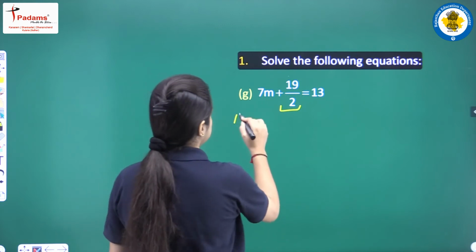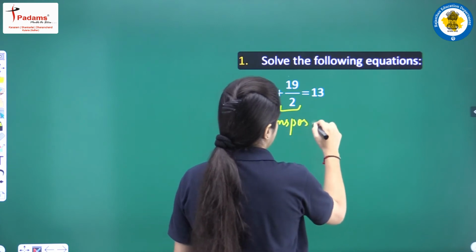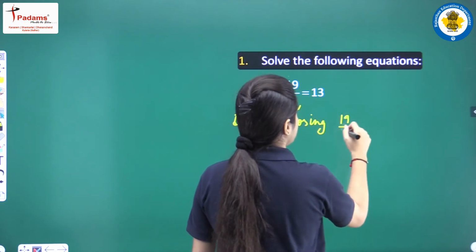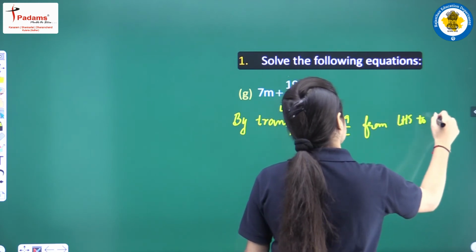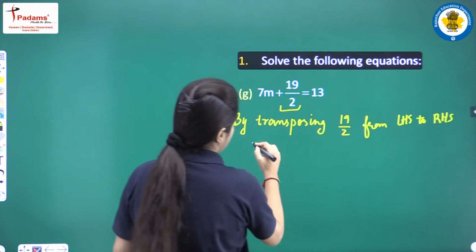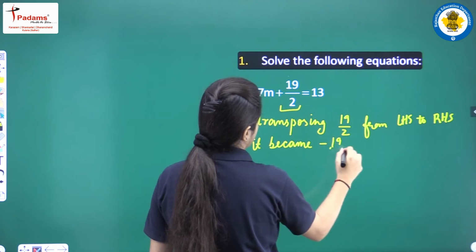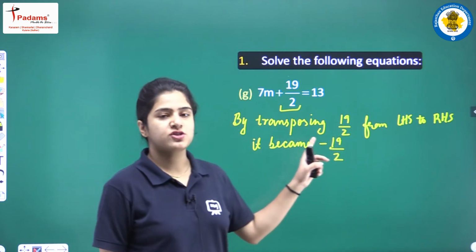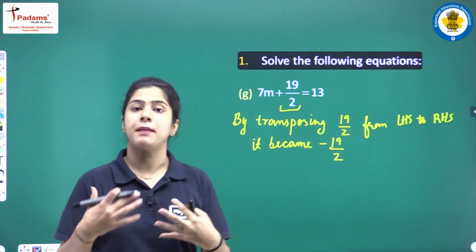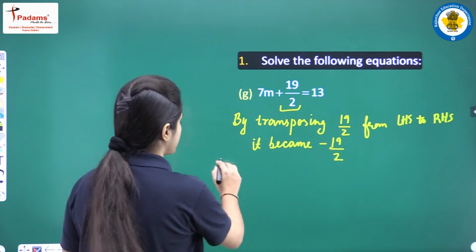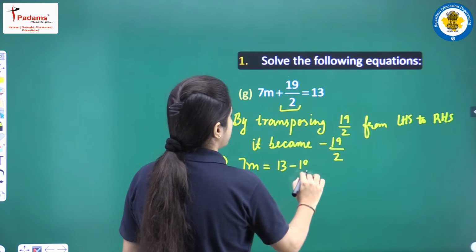Okay, so by transposing 19 upon 2 from LHS to RHS, it became minus 19 upon 2. Okay, if we transpose this 19 upon 2 from the left hand side to the right hand side, it will become minus 19 upon 2 students. Okay, so 7m is equal to 13 minus 19 upon 2.